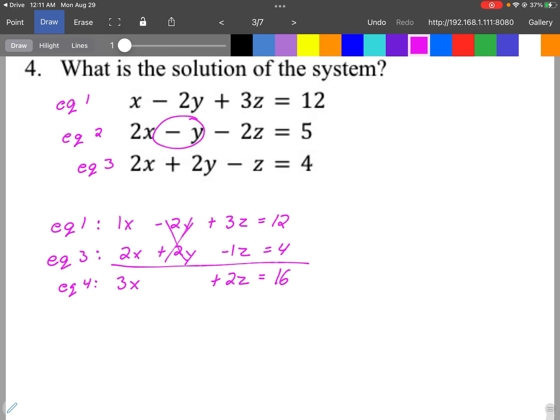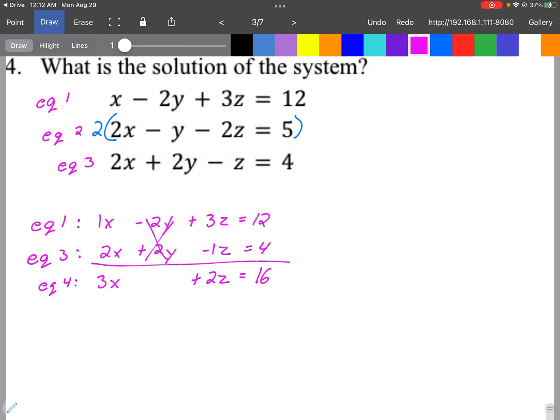So this time, though, I want to take this, equation 2, and I want to multiply it by 2, and then that will allow it to cancel with that positive 2z. So we are going to take 2 times equation 2.